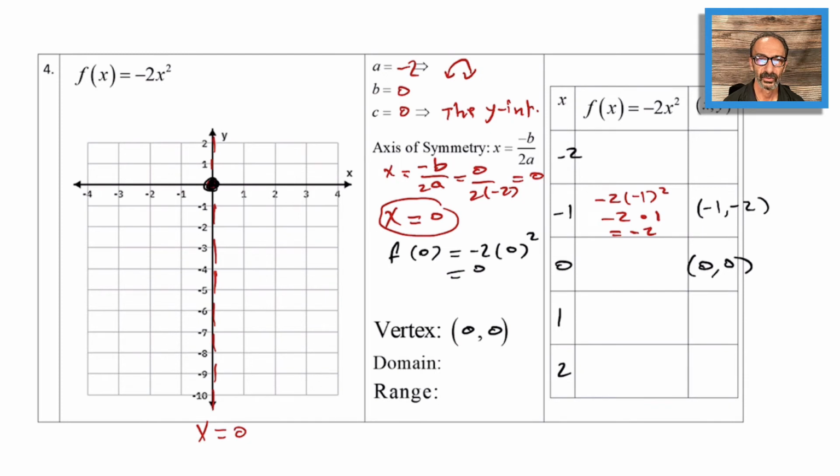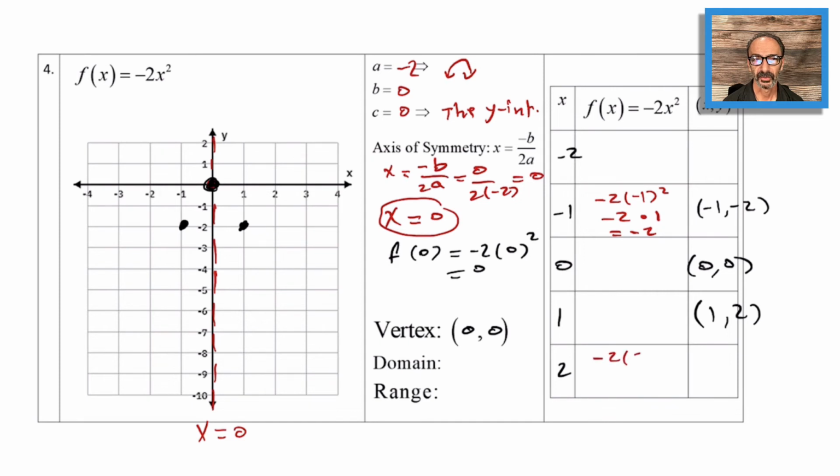And here's where it should be. Right there. -1 on the x values and down to -2 on the y-axis. Because of symmetry, I could copy it to the right, so I should have the values 1, comma -2 also on the table without plugging in 1.